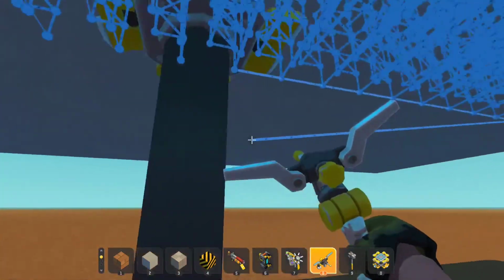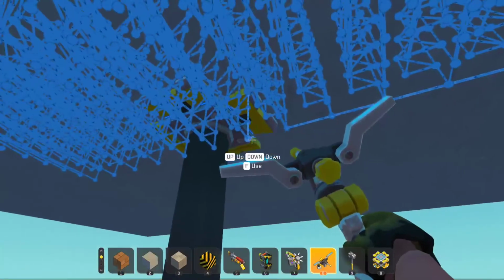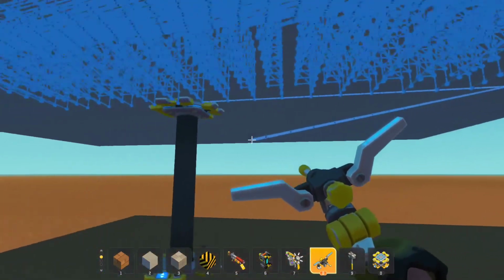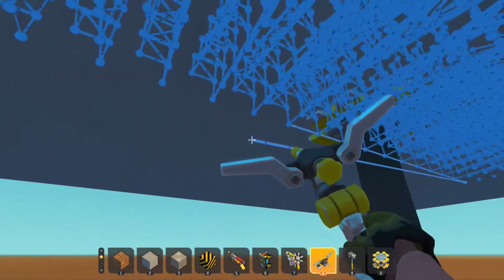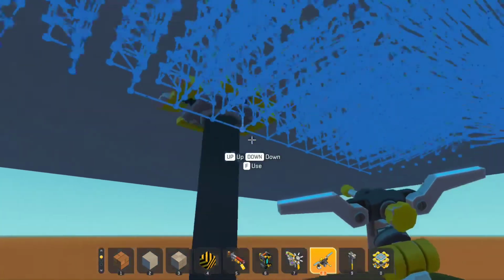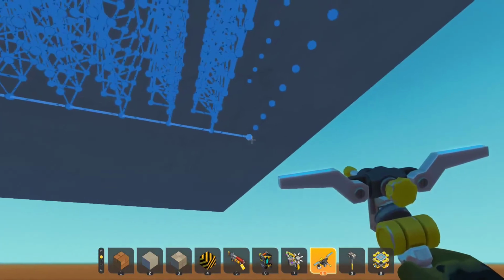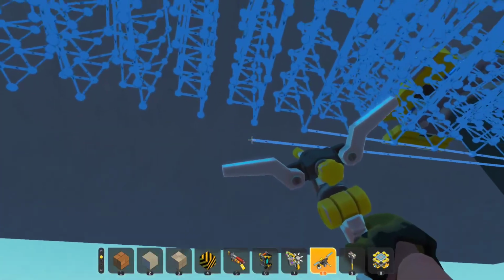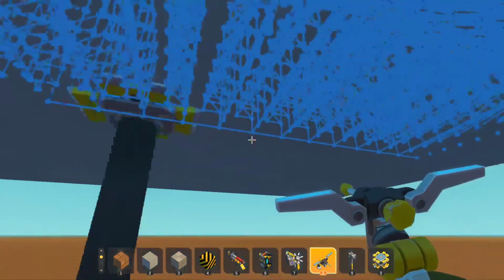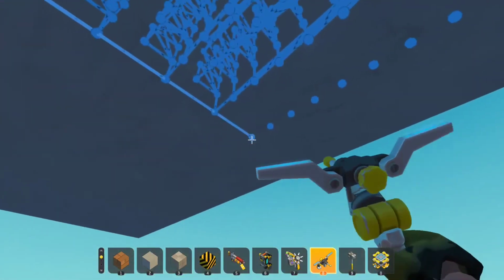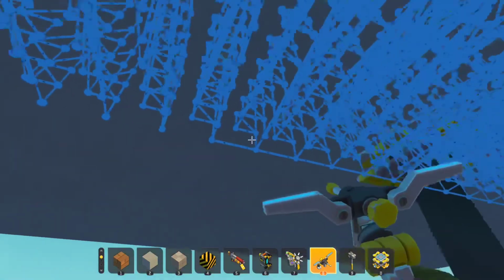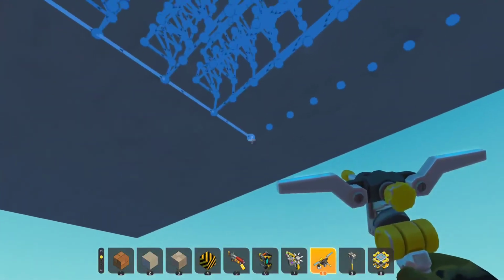Just how much do you think that will be? Probably more than 100, because, well, I mean, I'm literally making more than 100 connections right now. It will probably be more than 1,000, because there's more than 1,000 gates. But will it reach the 10,000? I'm not sure. I think it will be below 10,000.